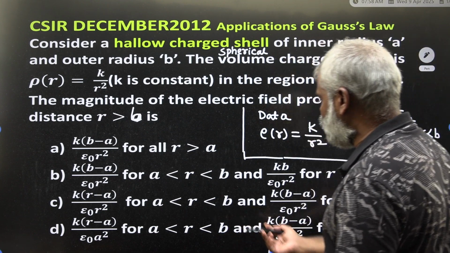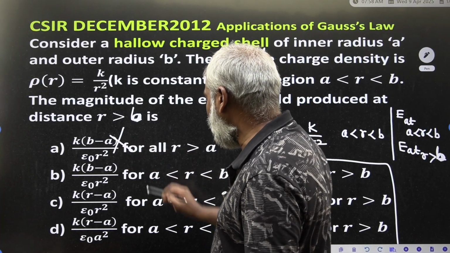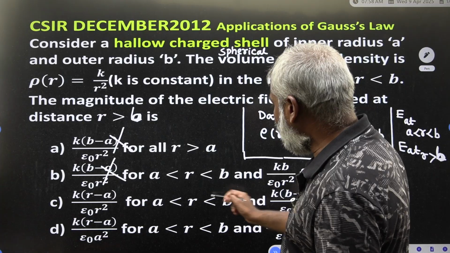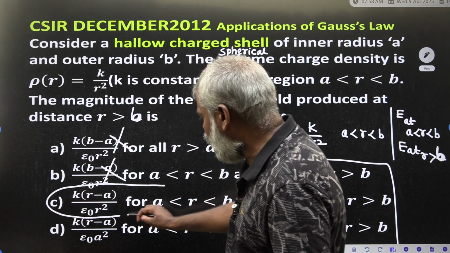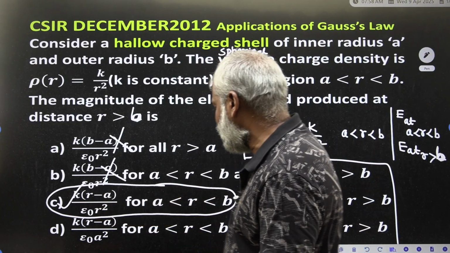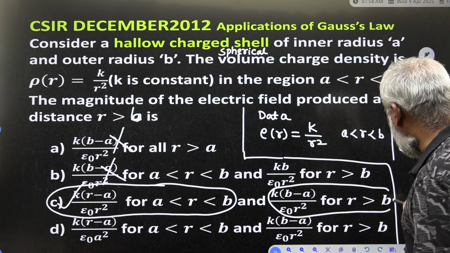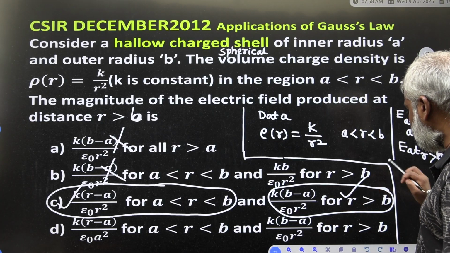So you have to see when r is greater than... you are able to get it, it is not correct. So in between, b minus a is not correct. So when a is less than r is less than b, k by epsilon naught into r minus a by r square is correct. Now you have to see when r is greater than b, k by epsilon naught into b minus a by r square, this is also correct.